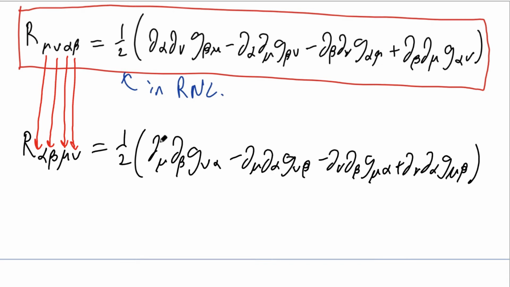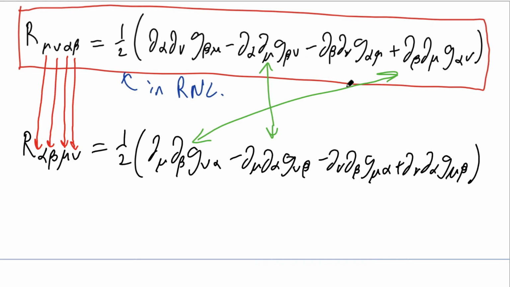All right, so now you'll notice this term is the same as this term. This term is the same as this term. Of course, we have to swap the order of these partial derivatives, but we can do that because partial derivatives commute. Also, the order of these indices doesn't matter because g is symmetric.